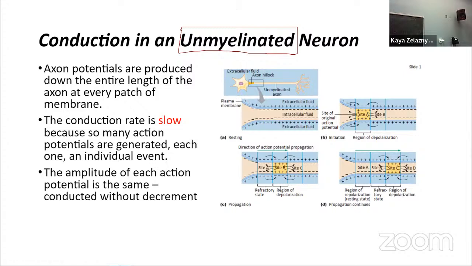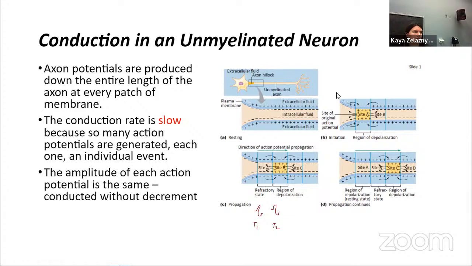What we're looking at is triggering site A, then site B, then site C in sequence down this unmyelinated neuron. Every single site is going to have that same little peak. That same action potential peak is happening at each site, just in order. So the action potential will be at site A at time point 1, and at time point 2, that action potential is at site B, and so on.